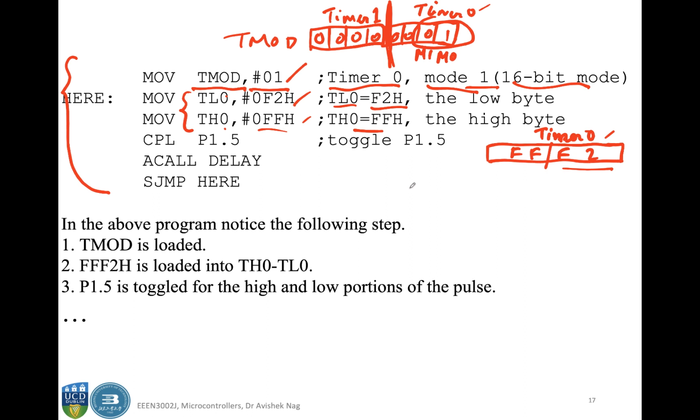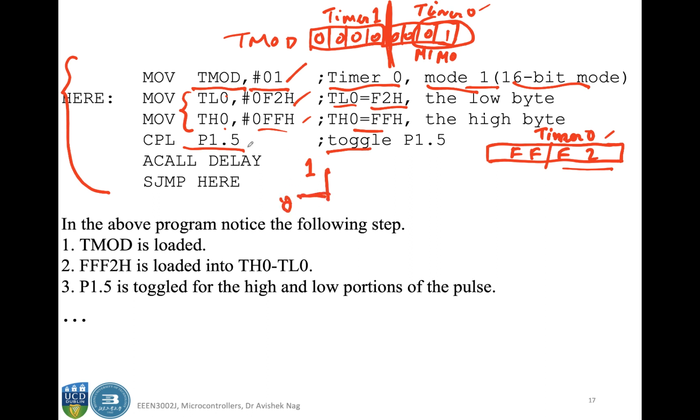Now you call the delay, and then you complement port 1.5, because that is the pin where you want to see your square wave output. Let's say the initial state of port 1.5 was 0. If you toggle, then it will be 1.